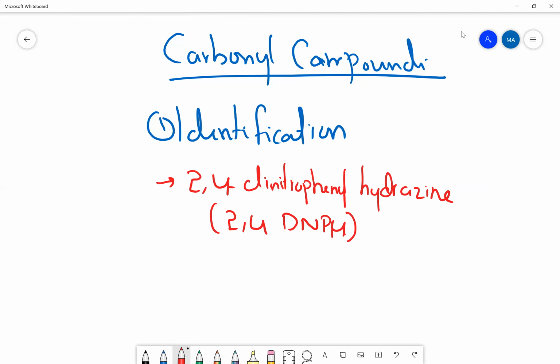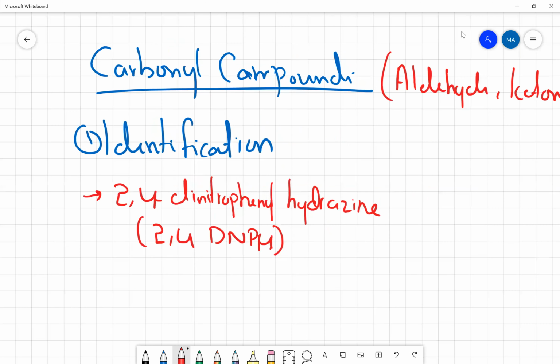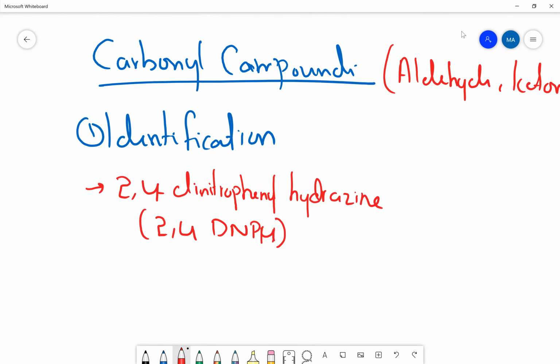So basically, carbonyl compounds are either aldehydes or ketones. If you want to identify if a substance has either an aldehyde or a ketone, you're going to use 2,4-DNPH. Once you add this 2,4-DNPH to that substance, you'll observe a color change to orange.